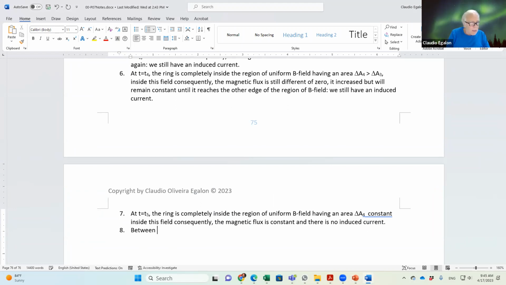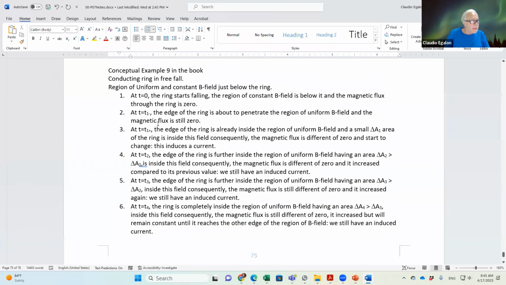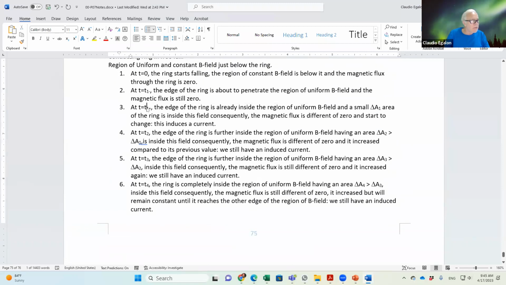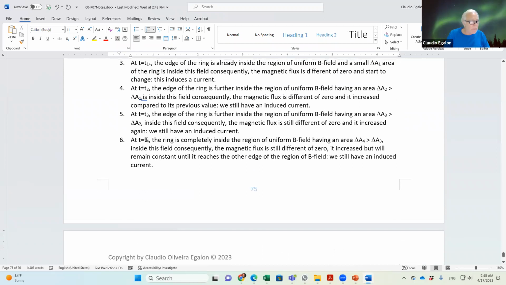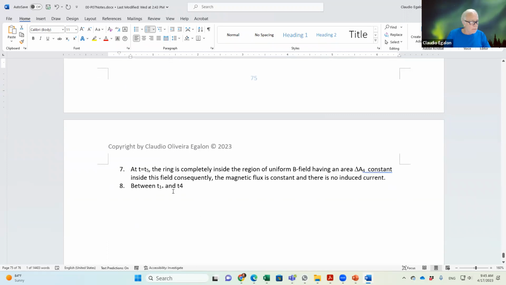Between T1 plus and T4, the magnetic flux increased, right?